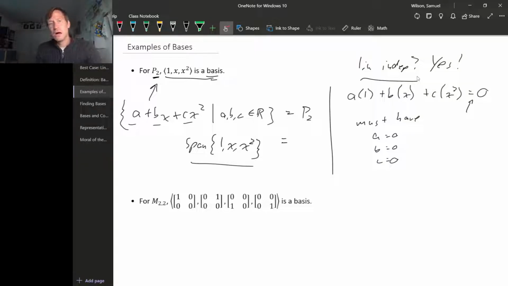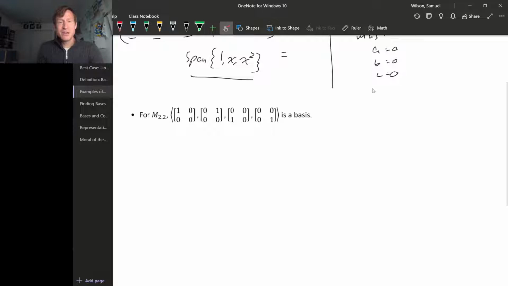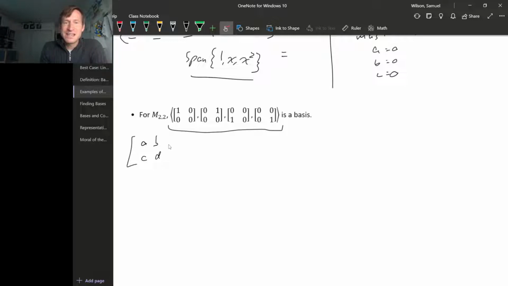All right, let's look at an example from matrices. How about M2,2, the vector space of 2x2 matrices. Here's a basis for this vector space. Again, I won't write it out. You can probably convince yourself that every 2x2 matrix is a linear combination of these, because the matrix with entries a, b, c, d is a times this one plus b times that one plus c times that one plus d times that one.